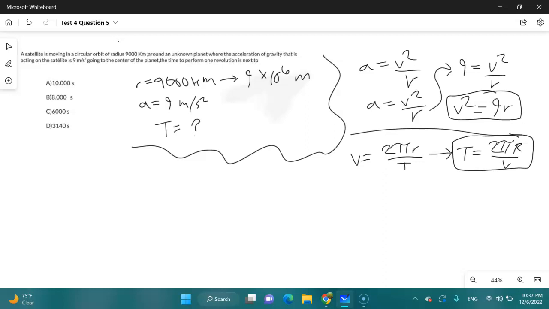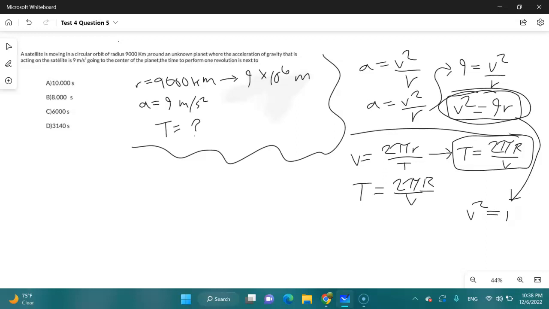So now when we start plugging in the value that we have for the velocity, I'm going to put it over here. T is equal to 2 pi r over the velocity. So now we have the velocity right here, but we have it squared. So let's try to put it in terms that it's only the velocity, not the velocity squared.